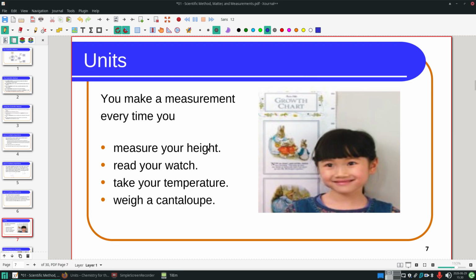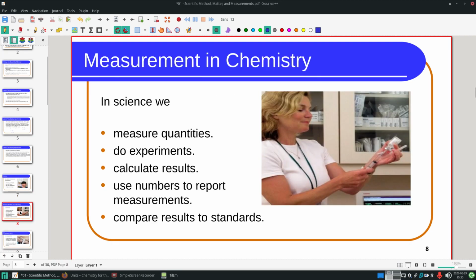I mean, I'm 5'11". It's currently 3:30. And the temperature outside, well, it's Florida. What is it, 110, 100% humid? We don't typically use units that often. All right, but in science, we kind of have to. Now, the biggest reason we do is we have measured quantities, obviously.